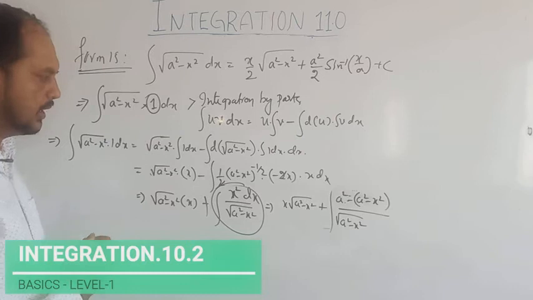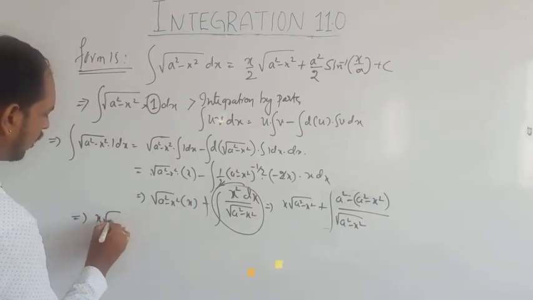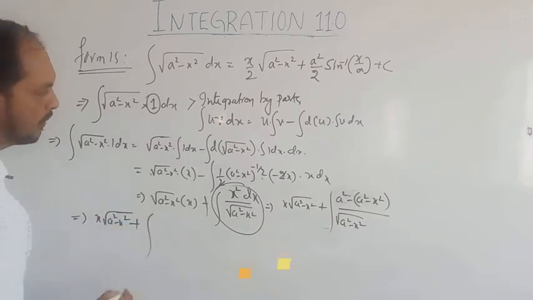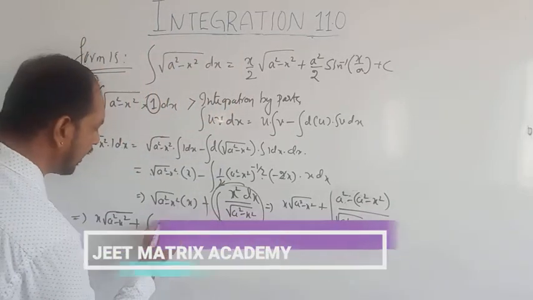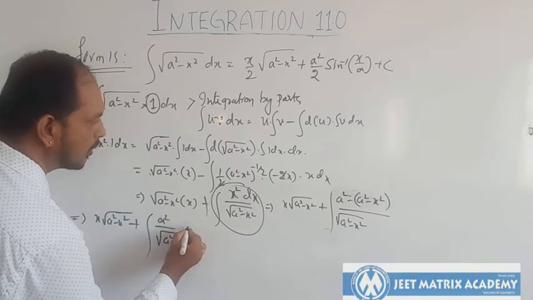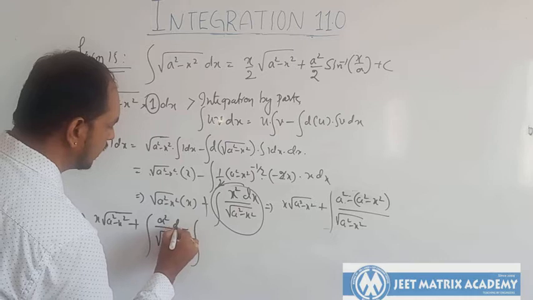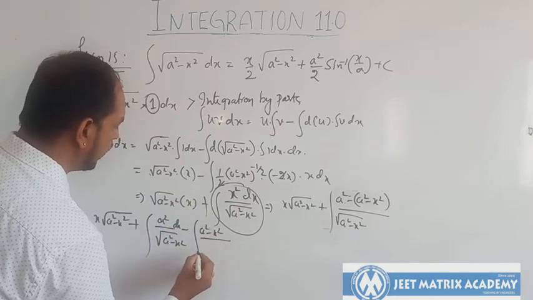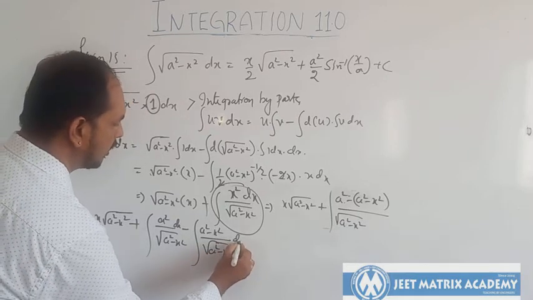So the advantage is I can rewrite this as x root of a square minus x square plus, this looks like a minus b divided by c, am I right? So what I can write is a square, a by c, a square minus x square minus integration of a square minus x square divided by a square minus x square dx.